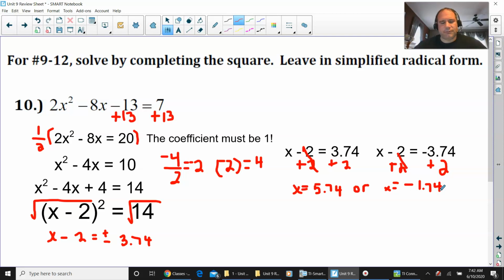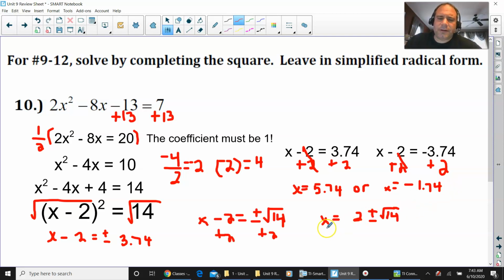Just to show you, you can show the answer this way. x minus 2 equals plus or minus the square root of 14, and you add 2 to both sides. And instead of taking the square root of 14 like I am doing right here and rounding it, they sometimes show it like this, which is x equals 2 plus or minus the square root of 14.